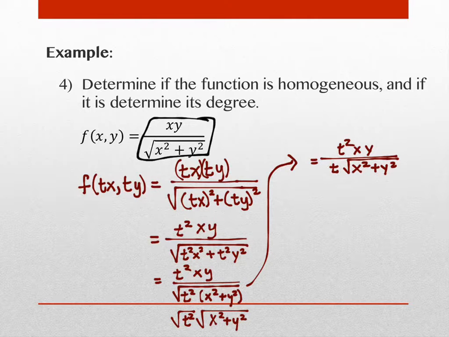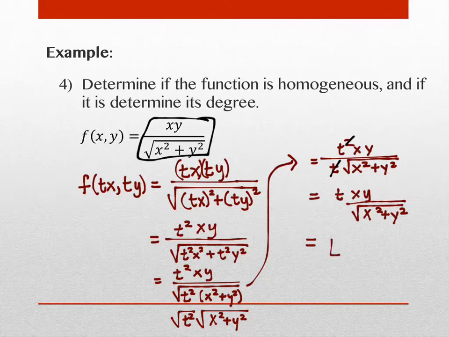So if I simplify this now, what do you see from the numerator to the denominator? There's a t that cancels. So in the numerator, I'm left with a t, but in the denominator, there is no more t. And in particular, if you notice, your denominator looks exactly like it did in the original function you were given, and the numerator does too, except for the t.